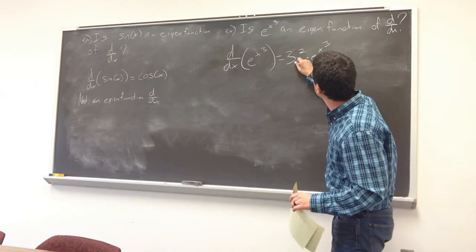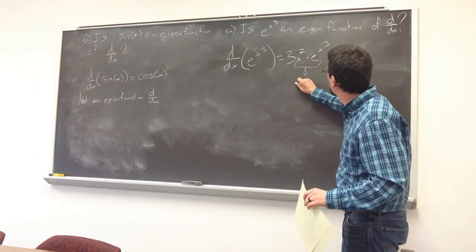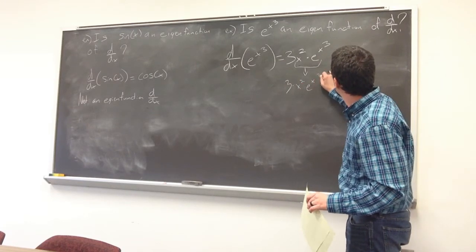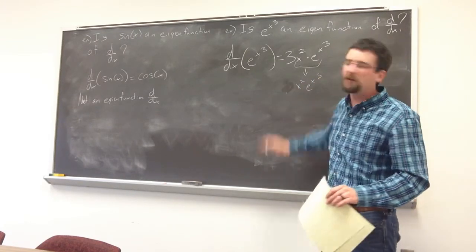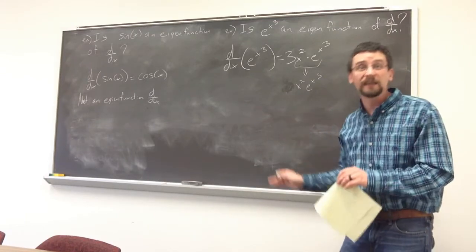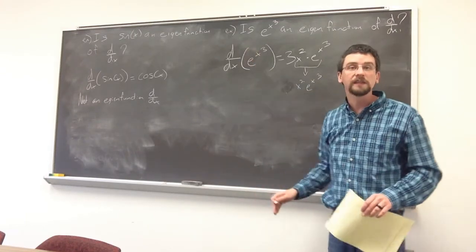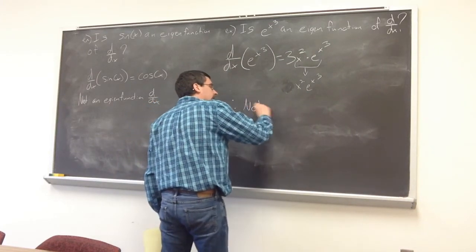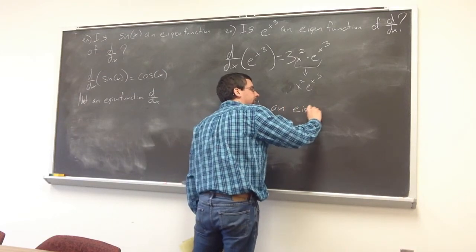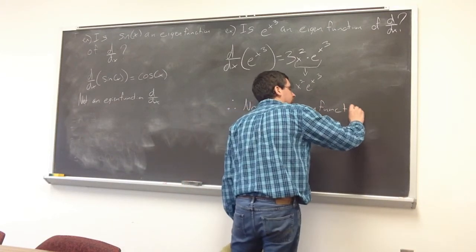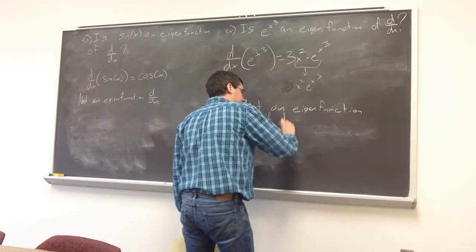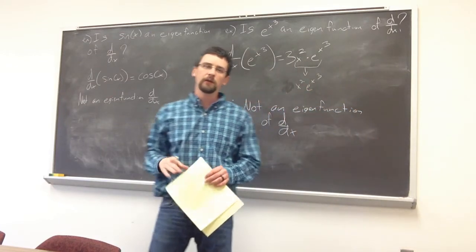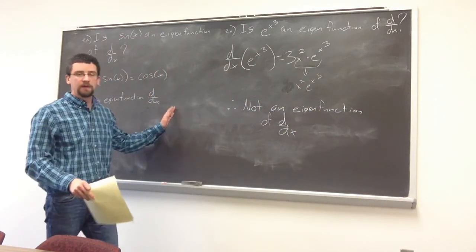The total function that we get out is 3x squared e to the x cubed. This is a brand new function. Therefore, this is not an eigenfunction of the operator d dx.